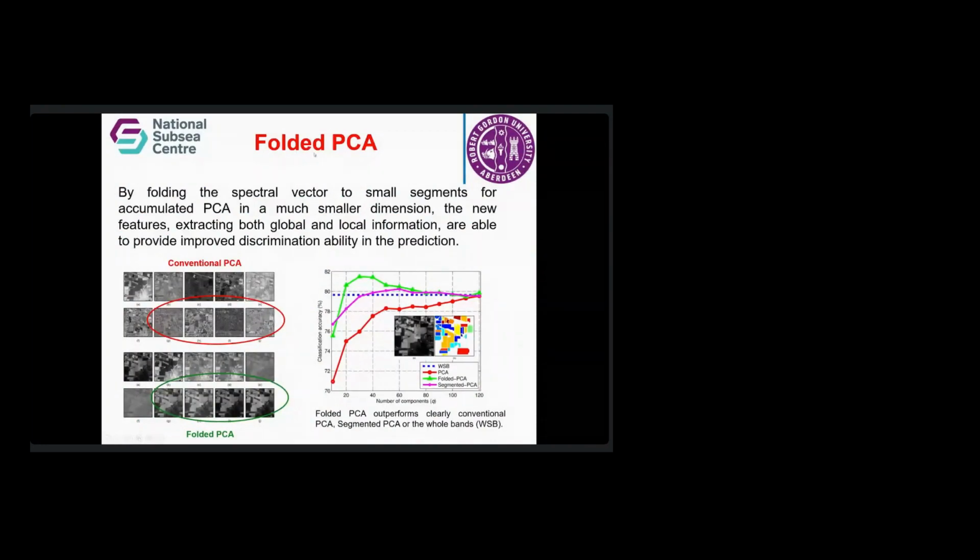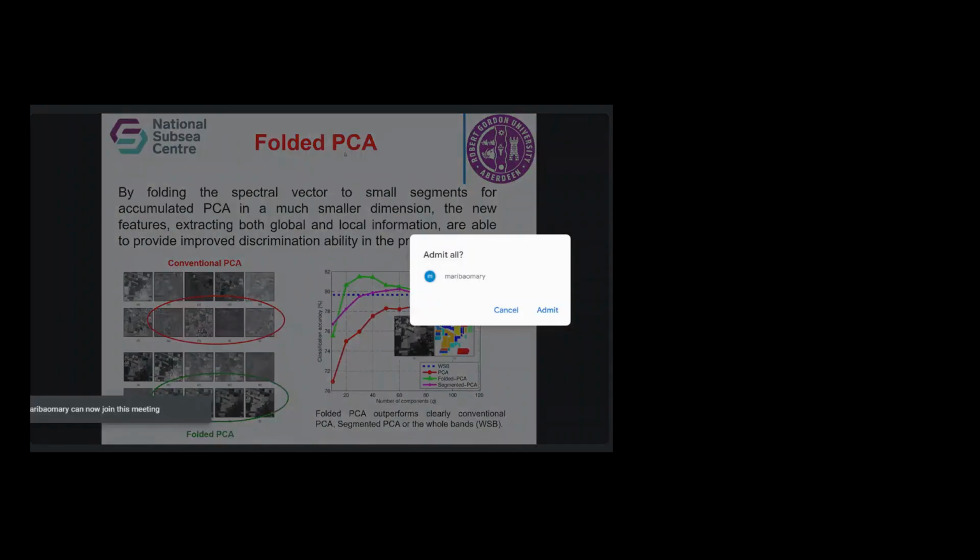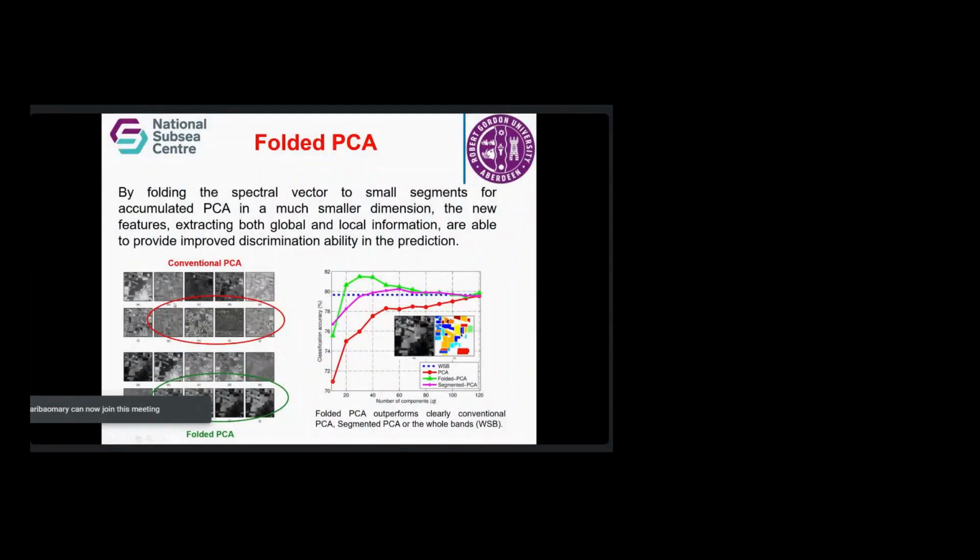For example, photo principal component analysis. This shows that given the data from the last in 1992, we apply the PCA and photo PCA. With PCA, we get the first 10 components. We can find that most of the components are very noisy.